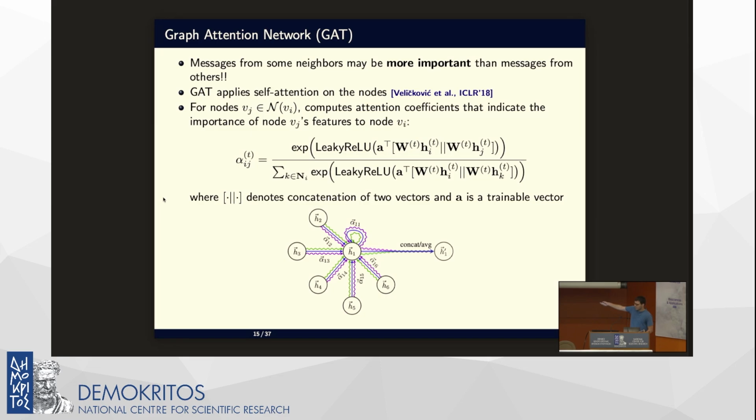And those alpha coefficients are attention coefficients. And for instance, if in some task node 4 is more important than the rest of the nodes for that task, we would expect this value to be much larger than the rest of the values. So the learned representations depend on the importance of the neighbors.